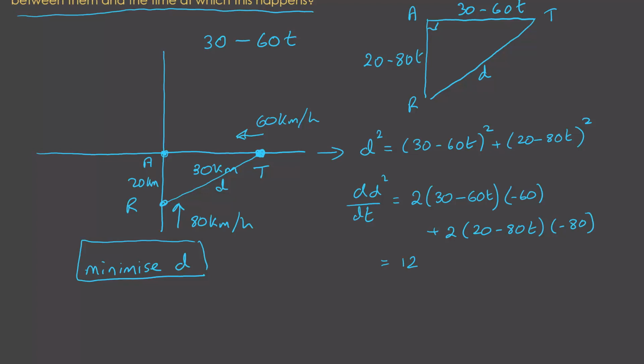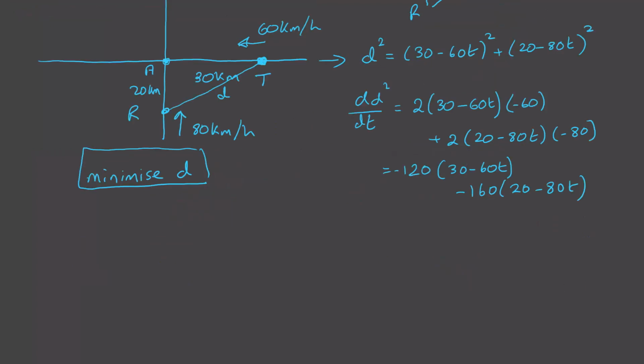So that's going to be negative 120 (30 minus 60t), take away 160 (20 minus 80t). And since we want d(D squared)/dt to be equal to 0, now note, those are both negative, so we can easily make them both positive if we're putting it equal to 0.